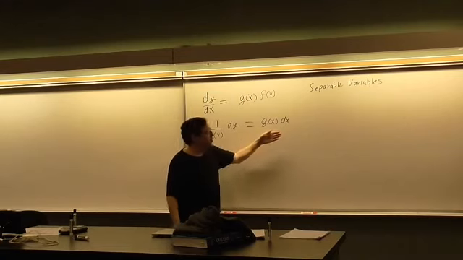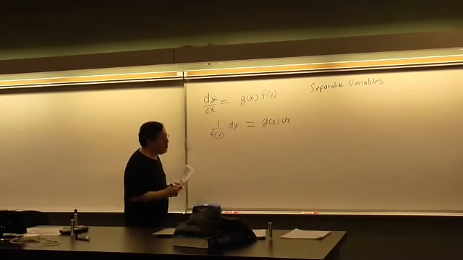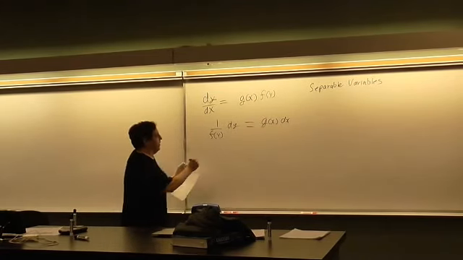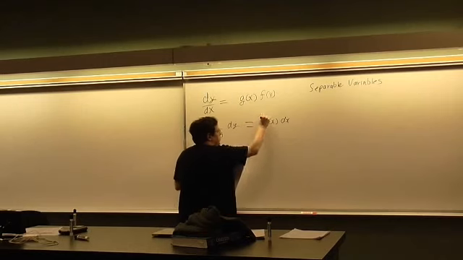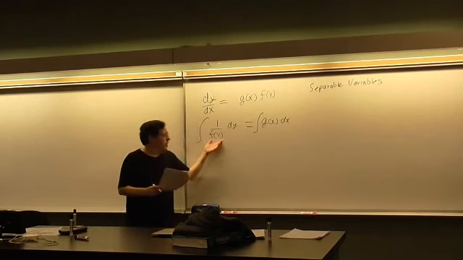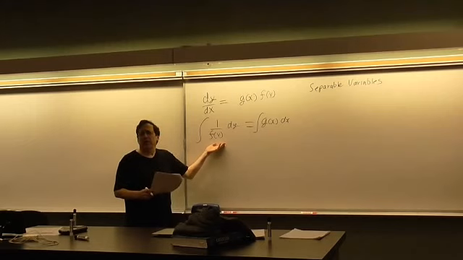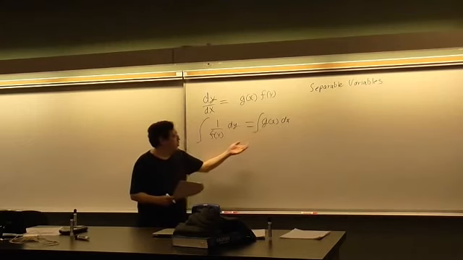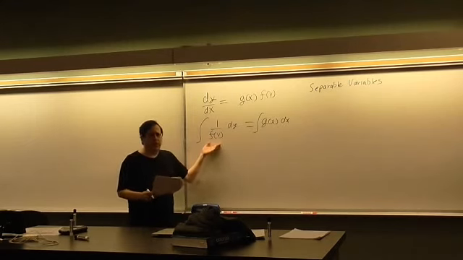But the notation lets you do this. We then integrate both sides. And on this side we only have y. This side we only have x. When we're done integrating, hopefully we can now solve for y and have a solution.